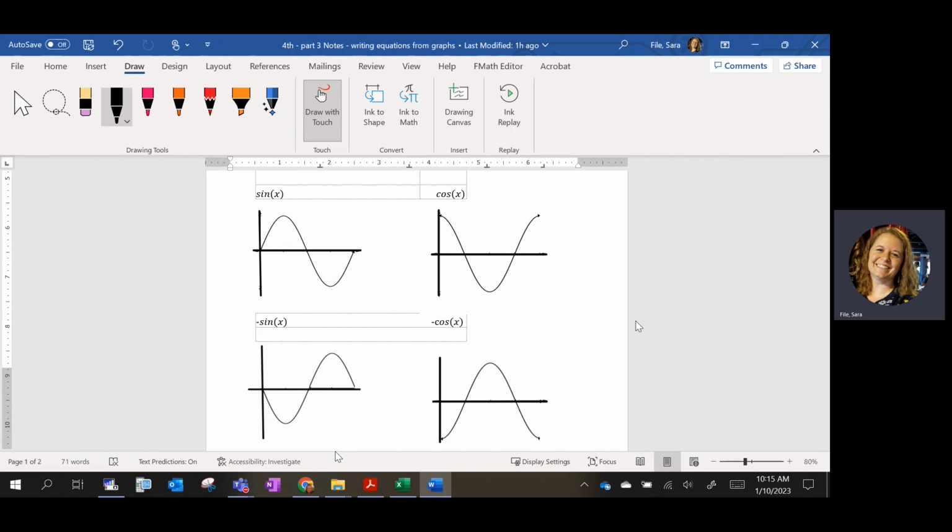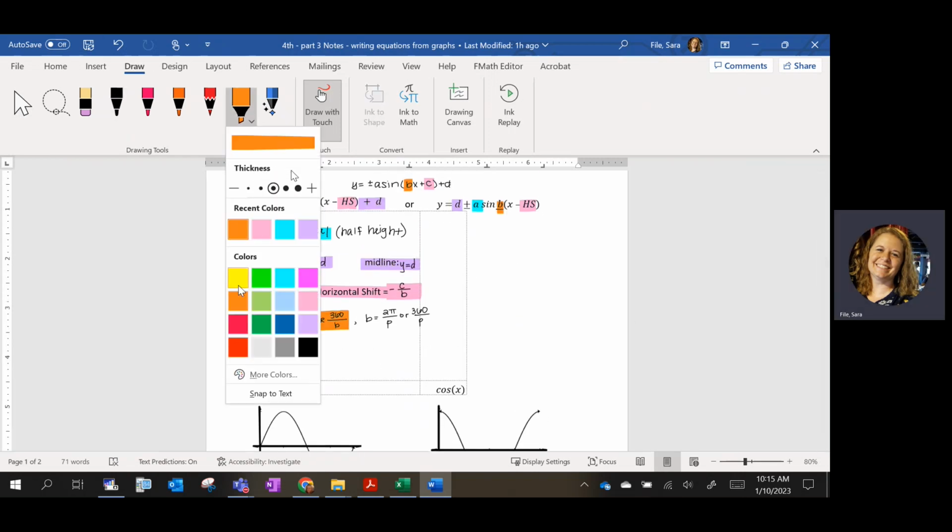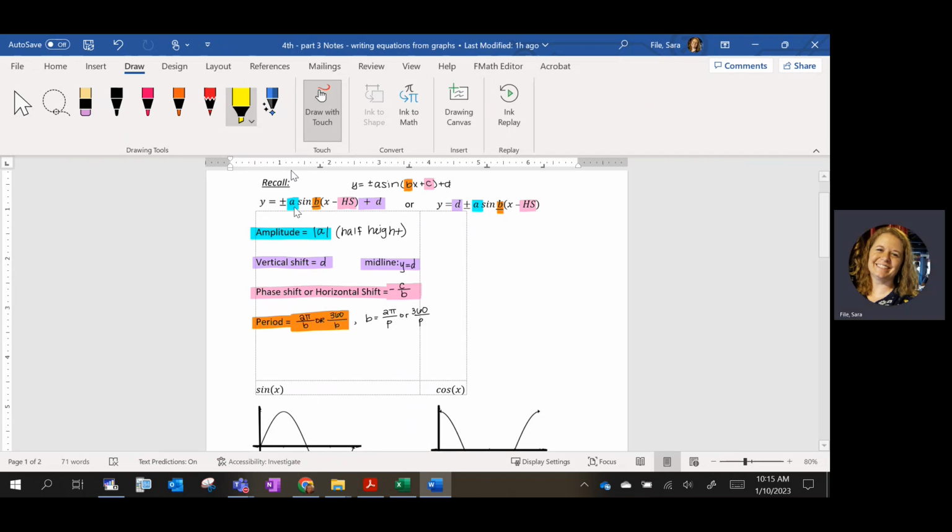So that's up here. What this plus or minus is really referring to: the plus or minus in front of the A is telling you if it's a positive or a negative trig function. So if this is a negative, that means we're looking for a negative sine cycle. And this could be cosine instead of sine.